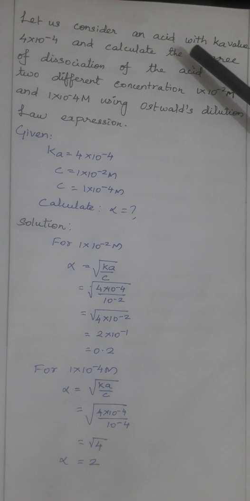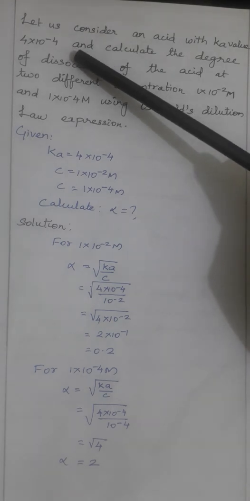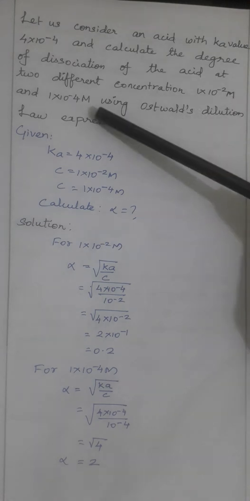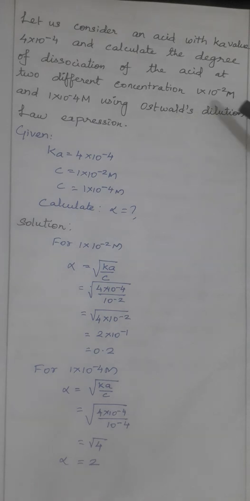Let us consider an acid with Ka value 4 into 10 power minus 4 and calculate the degree of dissociation of the acid at two different concentrations, 1 into 10 power minus 2 molar and 1 into 10 power minus 4 molar, using the Ostwald dilution law expression.